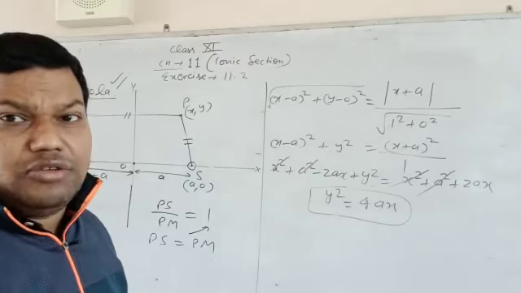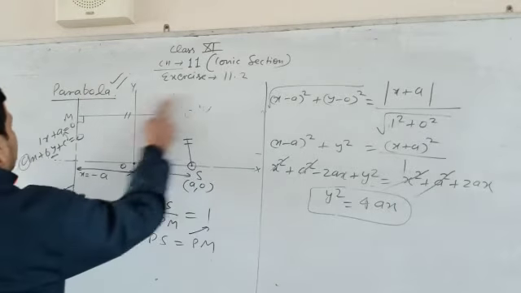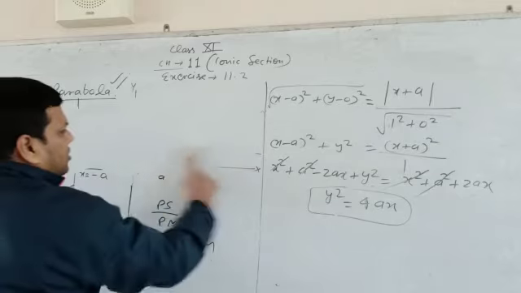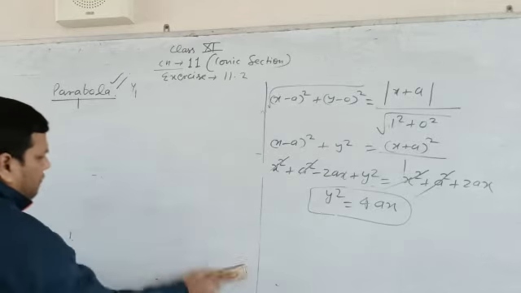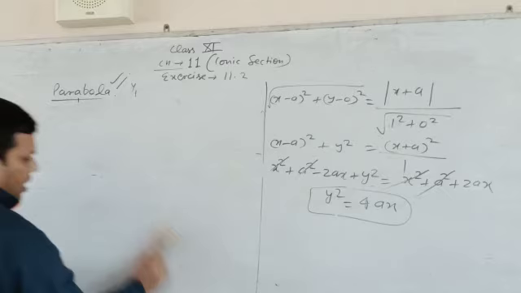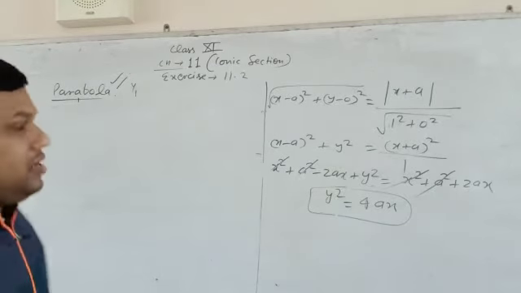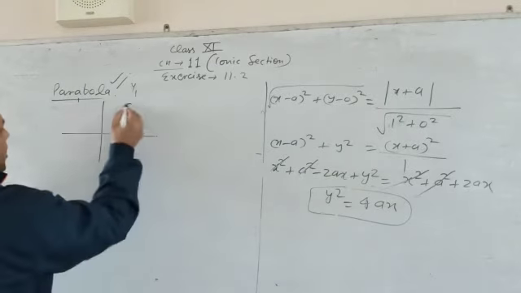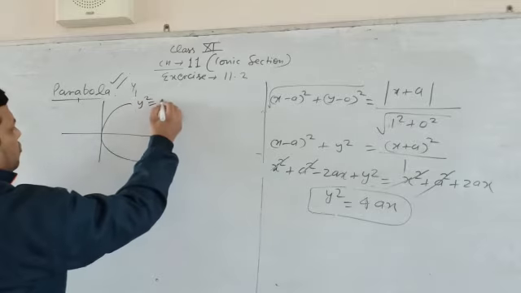Now I am going to tell you another thing, that is the types of parabolas you can see. First of all, this was y square is equal to 4ax.